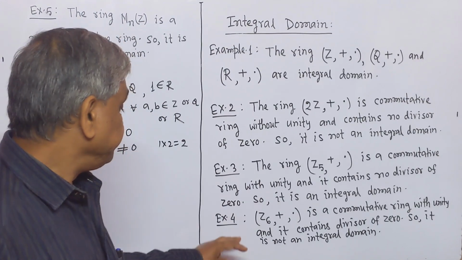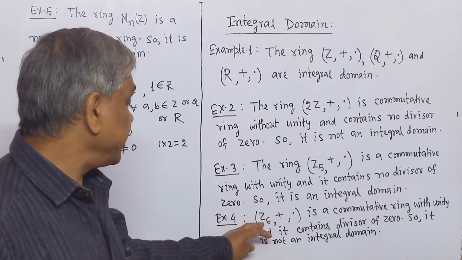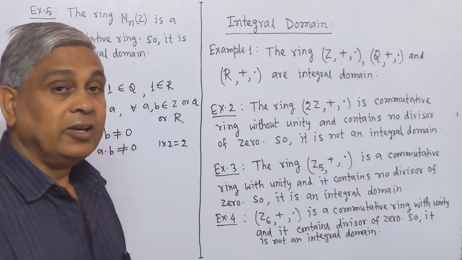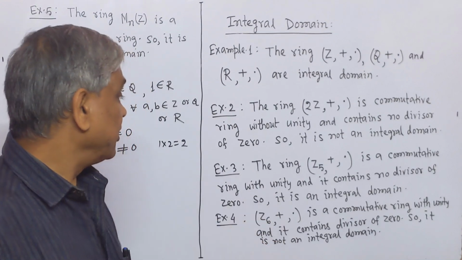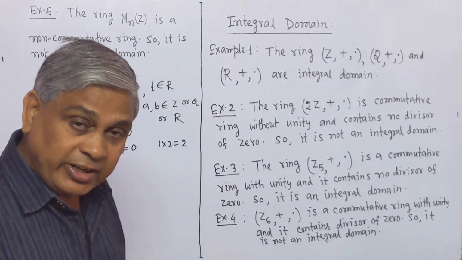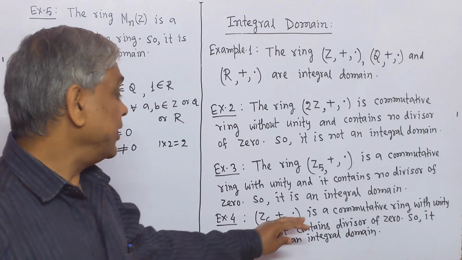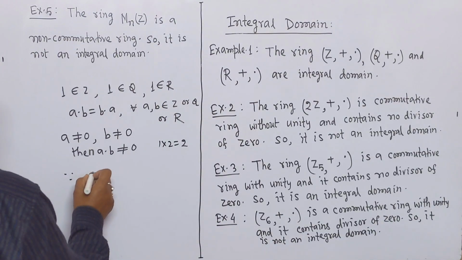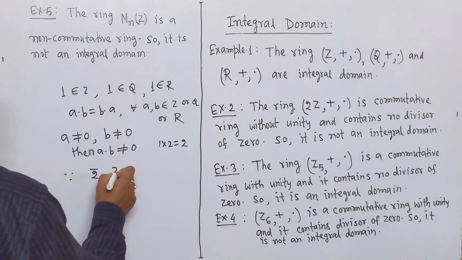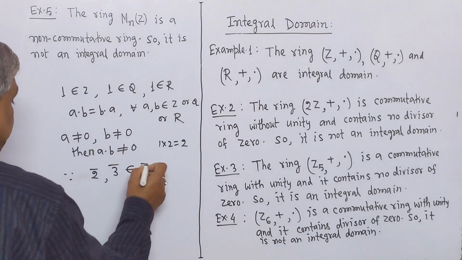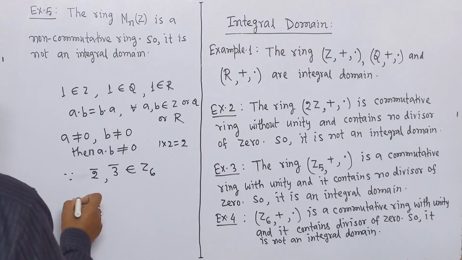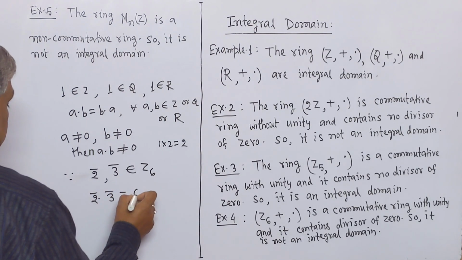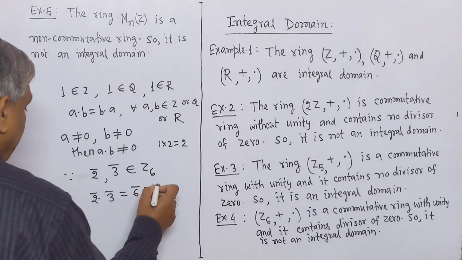Next, example 4. Z6 with binary composition addition and multiplication is a commutative ring having unity, and it contains a divisor of 0. Since 2 bar, 3 bar belong to Z6 and 2 bar multiply 3 bar equals 6 bar, that is 0 bar.